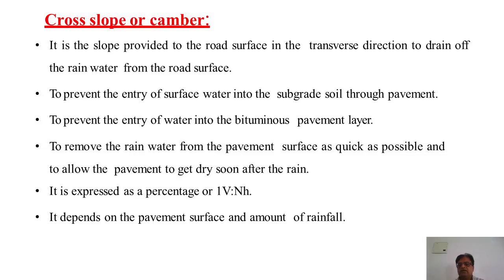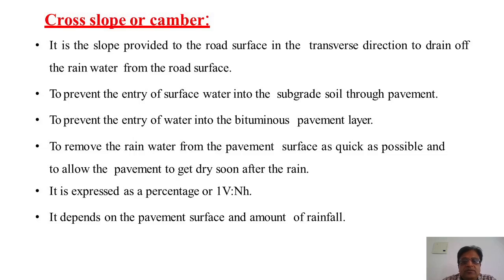You want to make the surface characteristics dry. Just now we discussed the effect of dryness and wetness on the pavement surface. So you want to make the pavement surface dry as soon as possible, and for that purpose you need to provide a camber or a cross slope. It is expressed as a percentage or as 1 vertical to n horizontal.